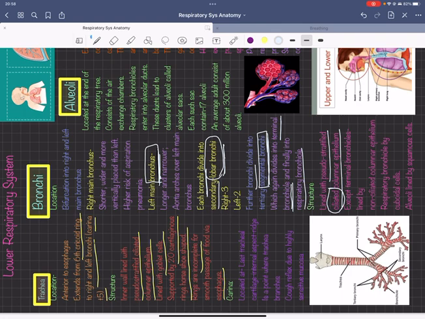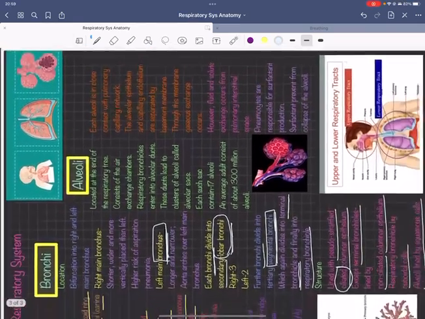Except the terminal bronchiole, which is lined by non-ciliated columnar epithelium, meaning it does not have cilia. Respiratory bronchioles are lined by cuboidal cells, and alveoli are lined by squamous cells. In this way, different kinds of linings are present in different parts of the bronchi. Because of this, we need to know which part of the bronchi is being affected and whether they are ciliated or not, and what kind of secretions they provide, so that we will know what kind of complications could be predicted in a client or a patient.